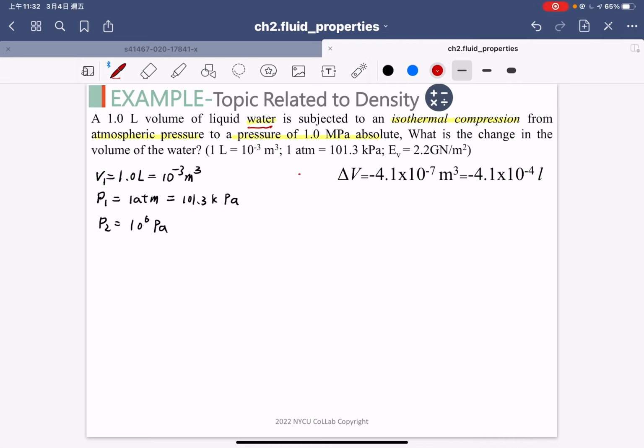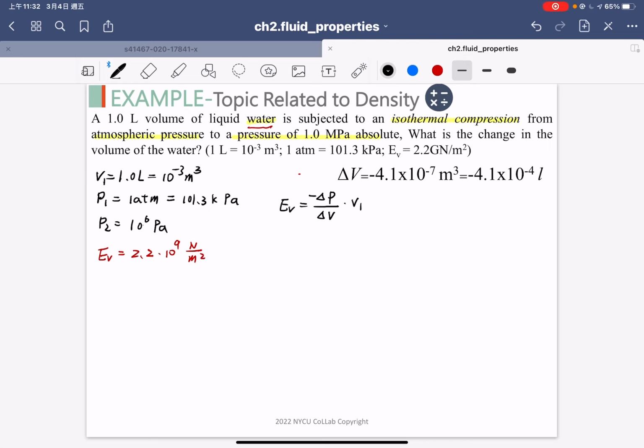So I tell you the bulk modulus for water, EV, is equal to 2.2 giga, 10 to the 9 powers newtons per square meter. And based on the definition of the bulk modulus, we know EV is equal to minus delta P divided by delta V, multiplied by V1, right?